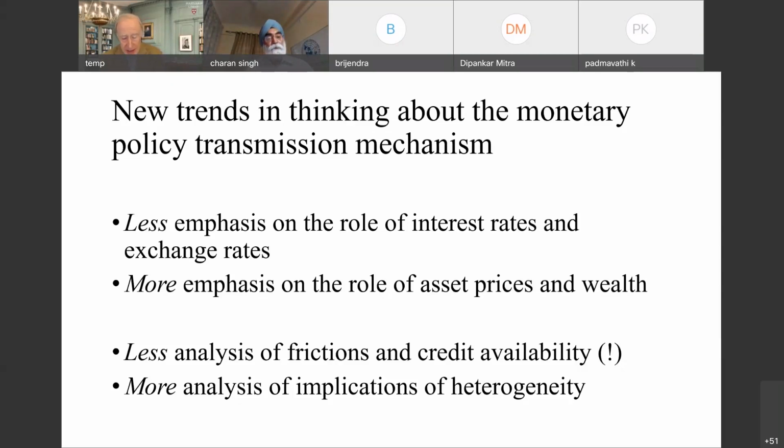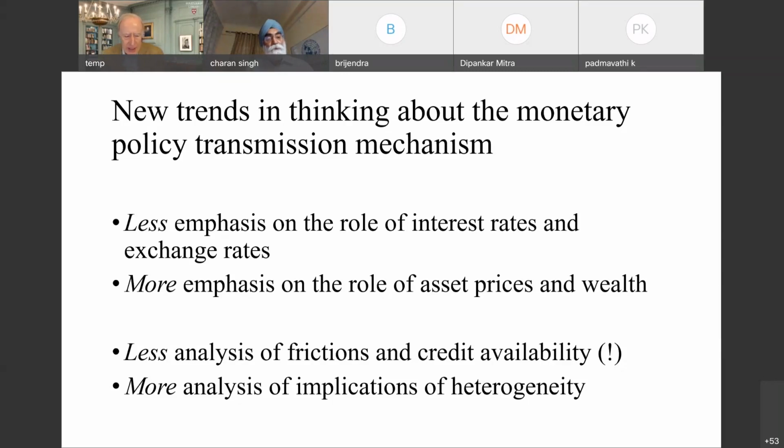And I have to tell you that I find this surprising because if we go back a dozen years to the financial crisis and the sharp downturn in economic activity in many countries that followed it, much of the immediate reaction within the monetary economics community was to focus on financial frictions, as we chose to call them, and therefore on issues of credit availability.